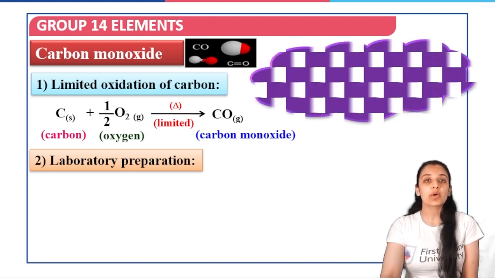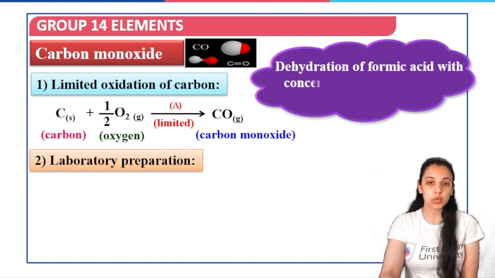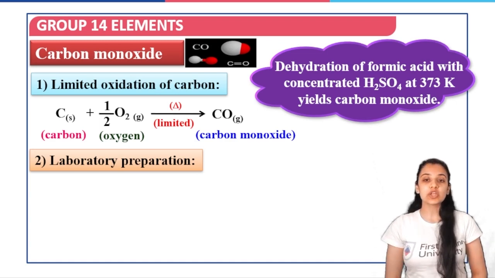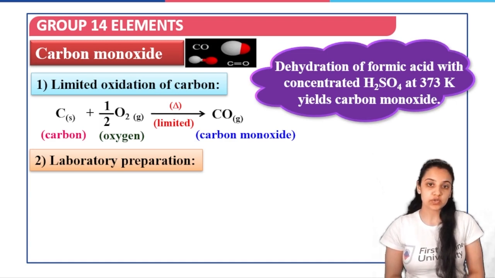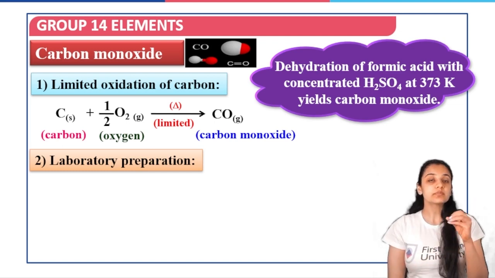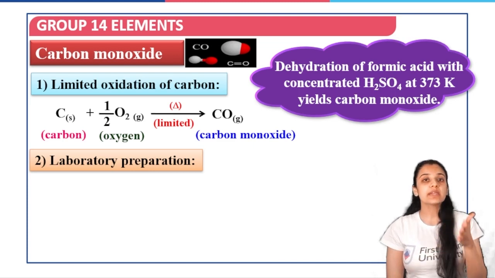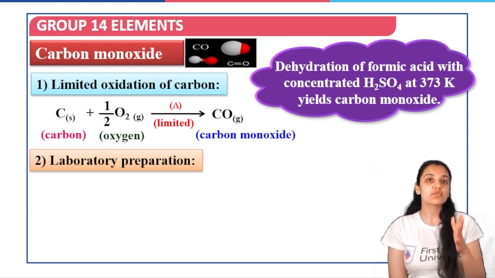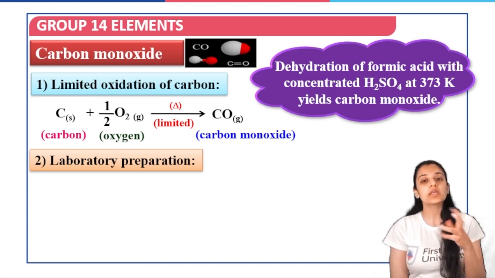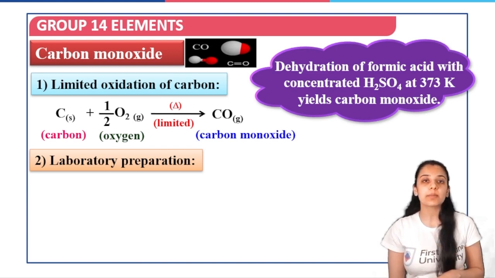Next, we look at the laboratory preparation of carbon monoxide. Laboratory preparation actually involves making use of concentrated H2SO4. What will happen is dehydration of formic acid, that is HCOOH. Formic acid is going to be reacted with concentrated H2SO4, which is a dehydrating agent. We'll take out H2O from there, and what we are going to be left with is just carbon monoxide.